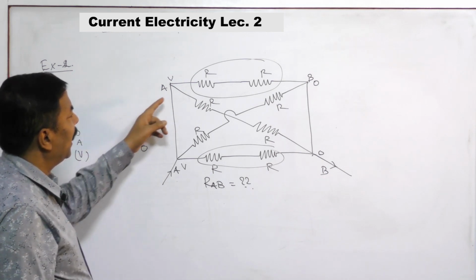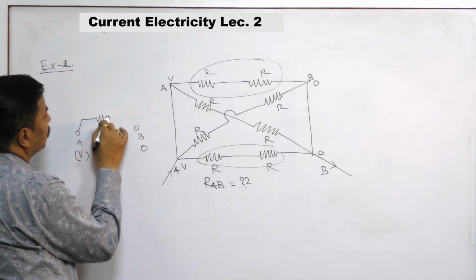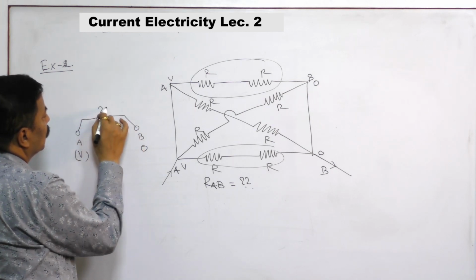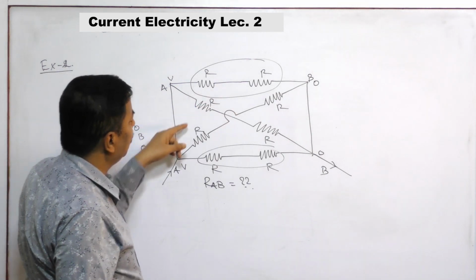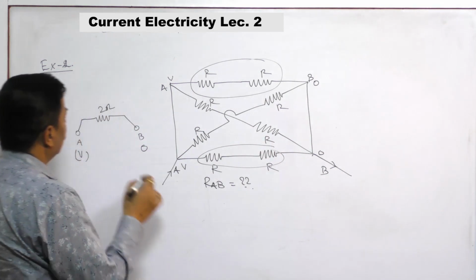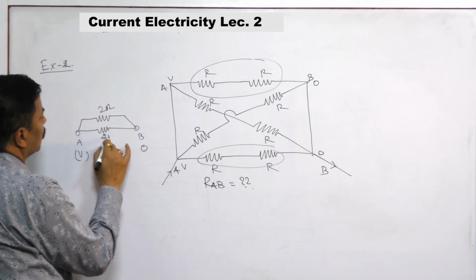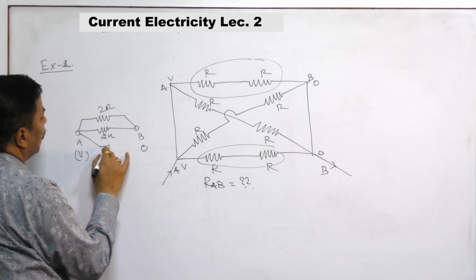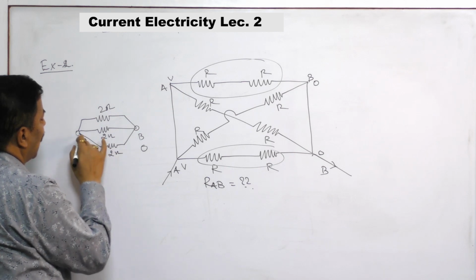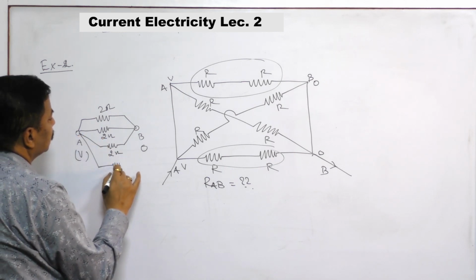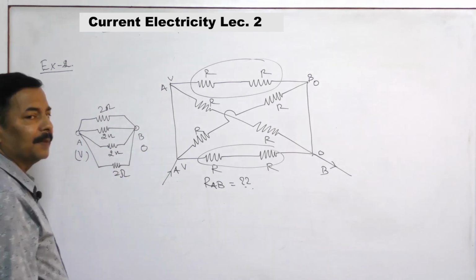So between A and B, this is a 2 ohm resistor. Why? R plus R. Between A and B, this is a 2 ohm resistor. Between A and B, again a 2 ohm resistor, and one more is there, a 2 ohm resistor. Now it becomes simple.